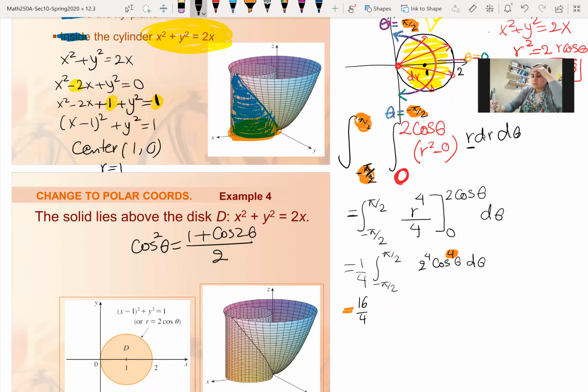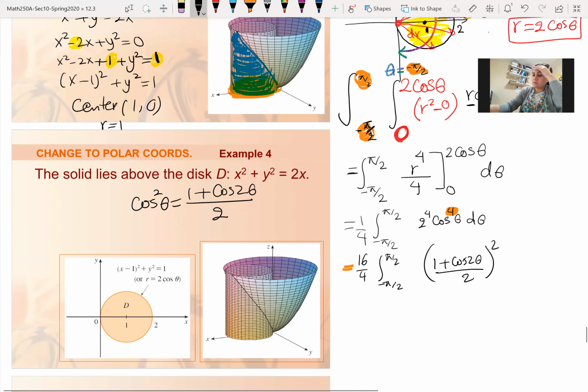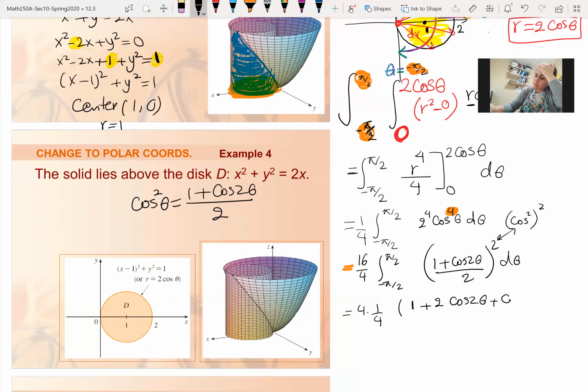That gives me cosine to the 4th as 1 plus cosine of 2 theta divided by 2, all to the 2nd, because it's cosine squared. So half squared is just 1 over 4. But then I have to square one more time: 1 plus twice the first term, plus the second term squared.